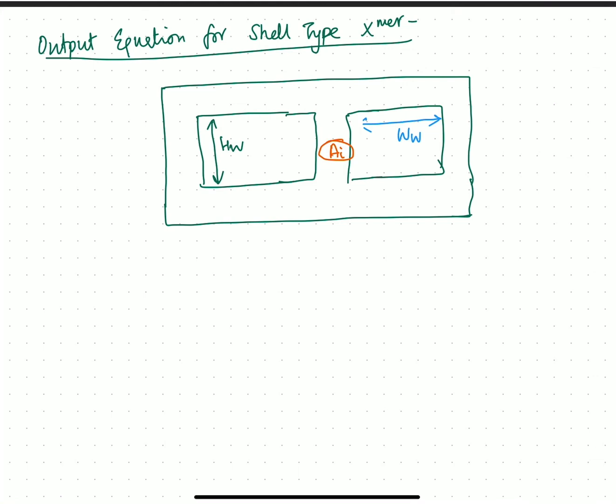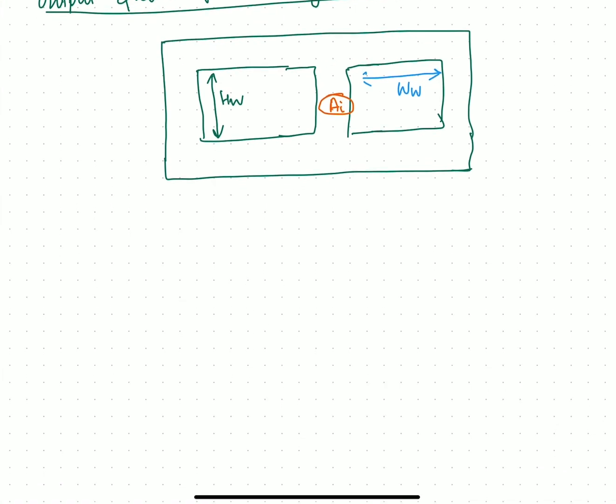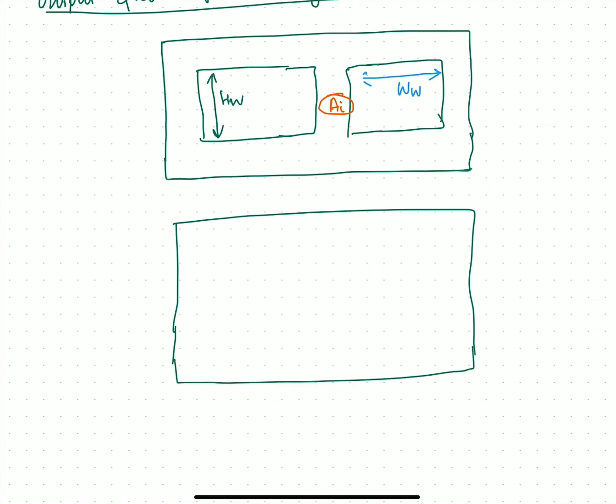So in this case, what we see is that the windings are on the central limb. Both the windings are on the central limb. So if this is the shell type transformer, what do we see?